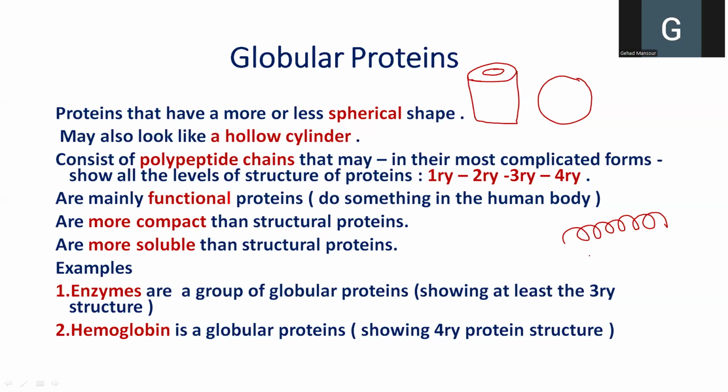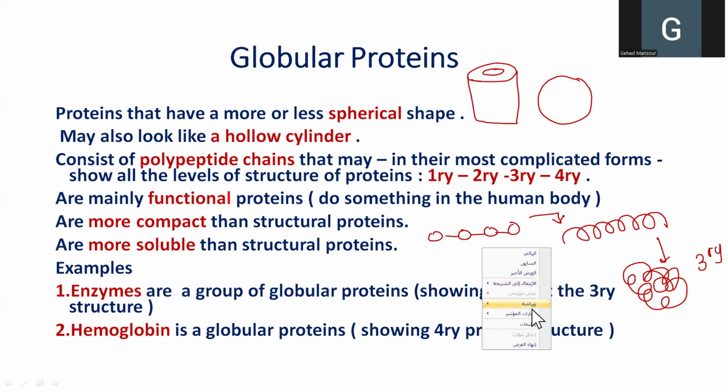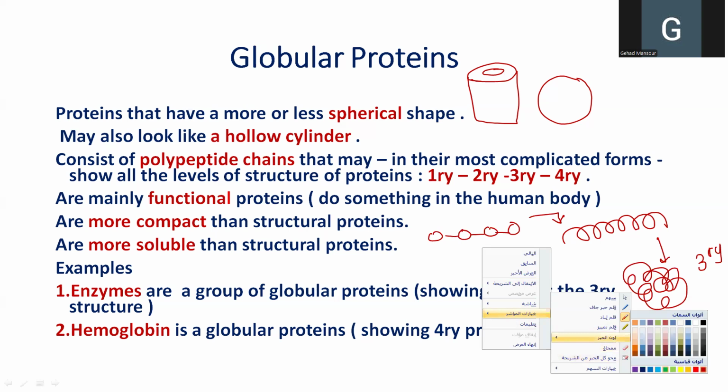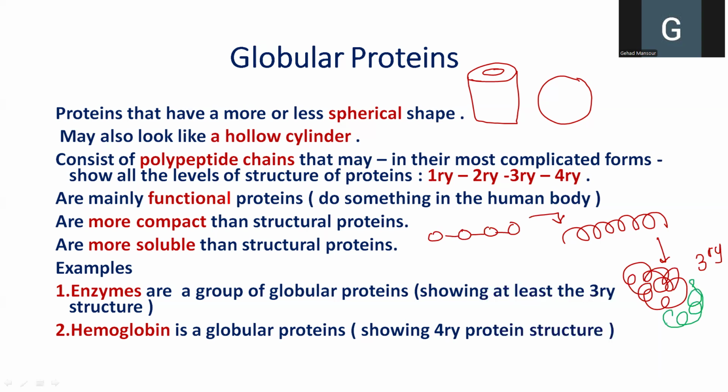So first of all, you have the primary structure, and the primary structure has been folded into the secondary structure, and then the secondary structure has been folded more and more into the tertiary structure. And then you might also have a second type of polypeptide chain that entered in the composition of this protein. So you might have another one.